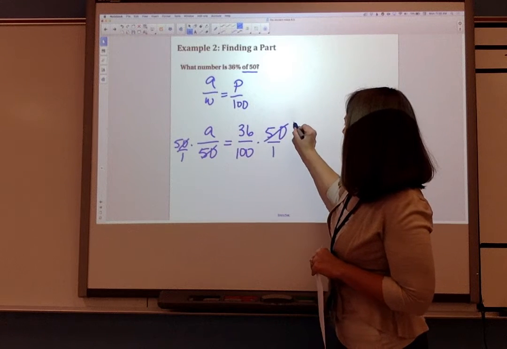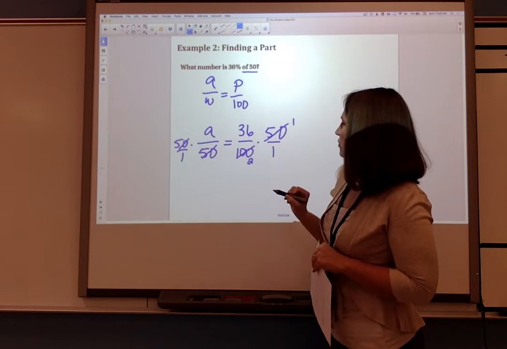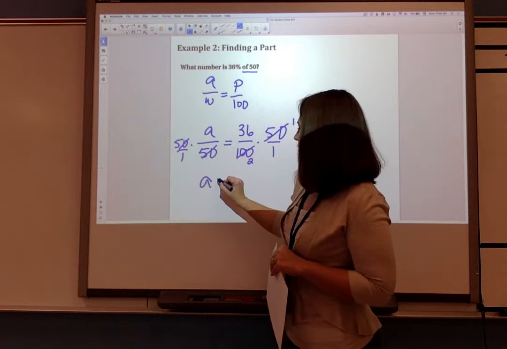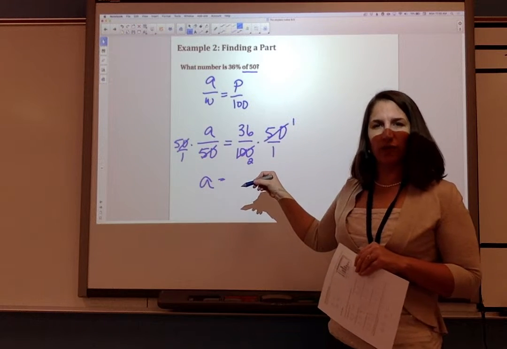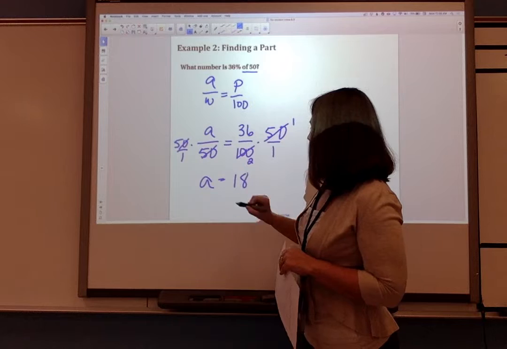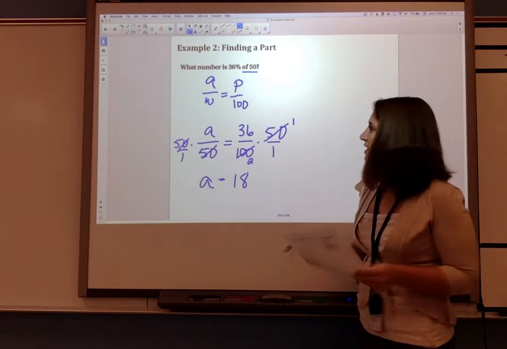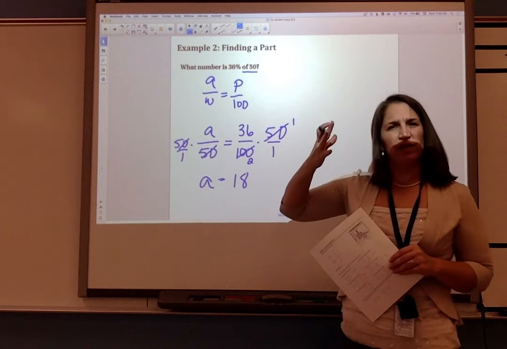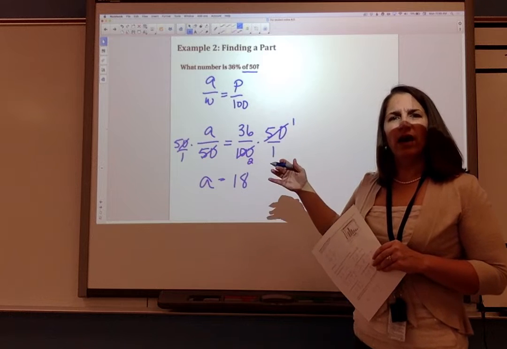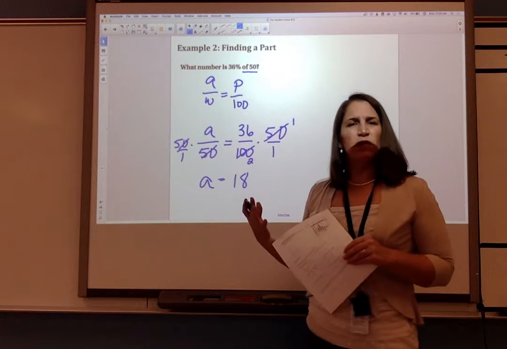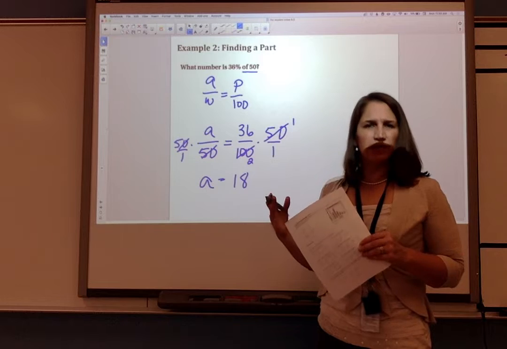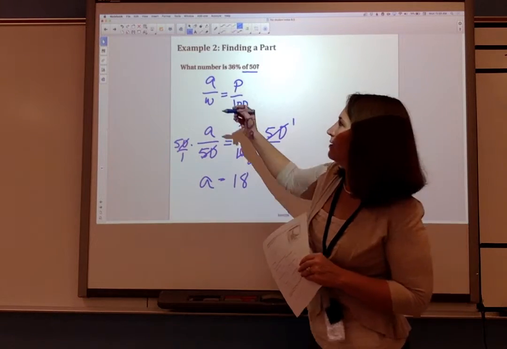Here we have 50 goes into itself once and into 100 2 times. So our part is 36 over 2, or 18. So we can kind of think about this to see if that's reasonable. 18 out of 50, yeah, that's about a third, or 36%. That seems about right.